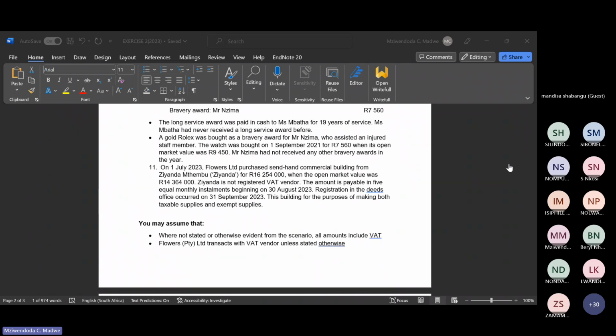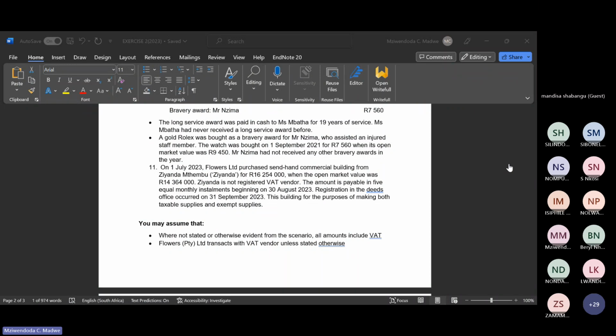He may be able to claim what is known as notional input tax, although the second hand good was purchased from a non-vendor, because the item the business is acquiring is a second hand good. So Flower may claim what is known as notional input tax. These are the things that you have to indicate.